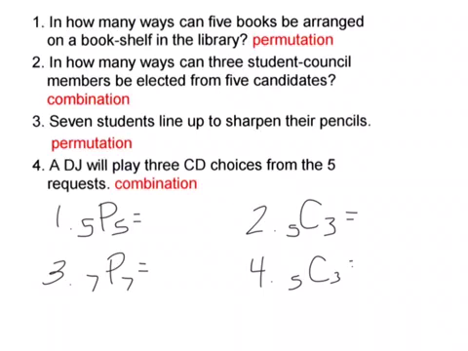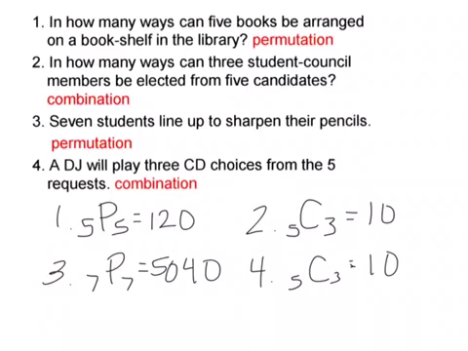Okay, so the solutions are 5P5 should be your number 1, and that is 120. Number 2 is 5C3, which is 10. 7P7 is 5,040. And 5C3 we have again here, 10. Now just so you know, it just so happened with the examples I selected, in both of these cases with the permutations we had 5 and 5 and 7 and 7.